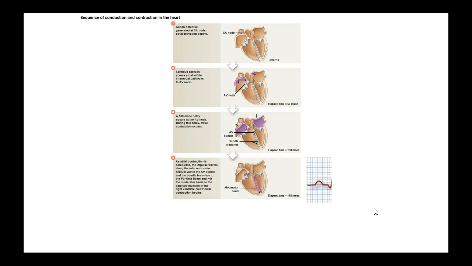And then that signal is being sent down via the bundle of His and then these interventricular branches. Remember that there's that bundle and then it branches so that you have a branch that's going down the interventricular septum lining the right ventricle and the part of the interventricular septum lining the left ventricle.